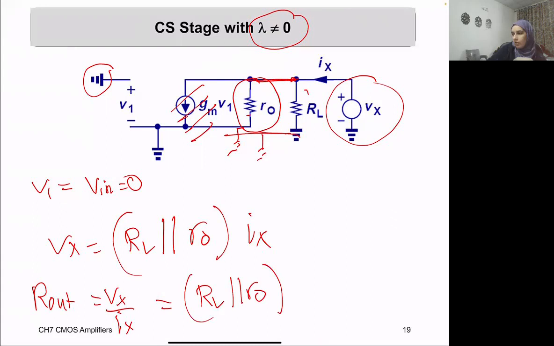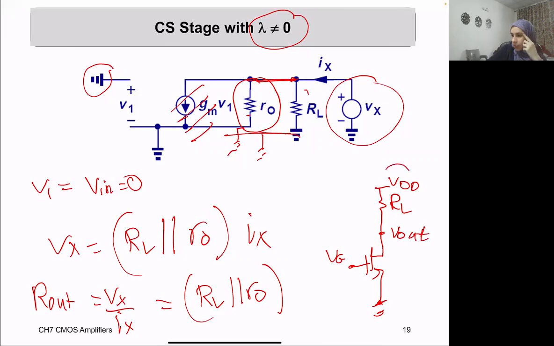So now from this side, this is the RL, this is the VDD, and this is grounded, Vout. Just by the way, you can see now that VDD in the small signal model, since it's a DC value that is not changing, we replaced with ground.